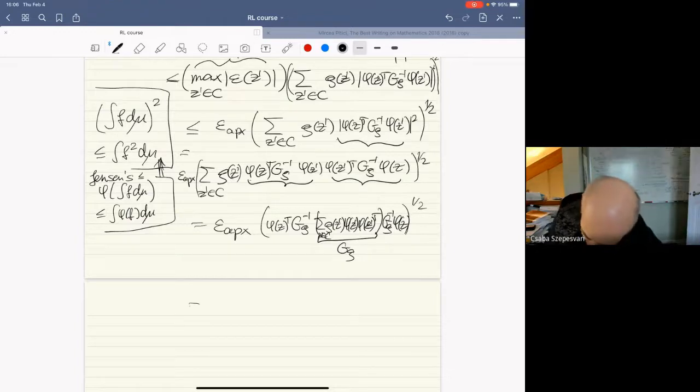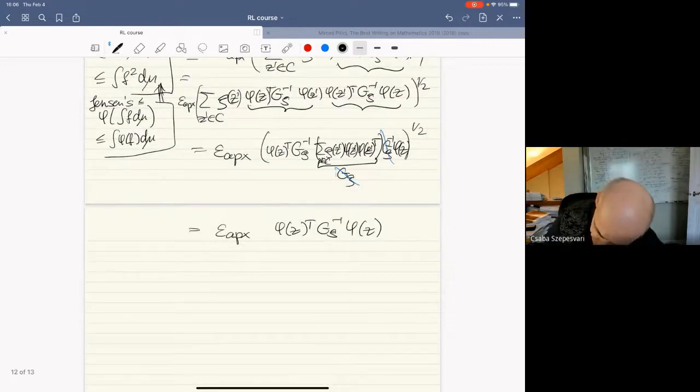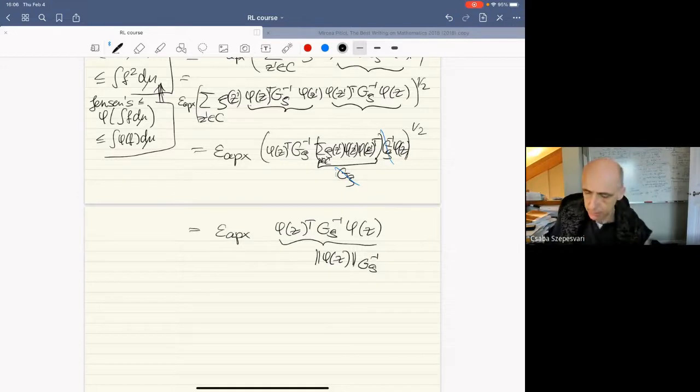So this whole thing becomes equal to epsilon times phi. So G inverse G cancels. So I can cancel this, and what remains is phi z transpose G inverse phi z, which we denoted by the shorthand, this weighted 2 norm of phi z squared.